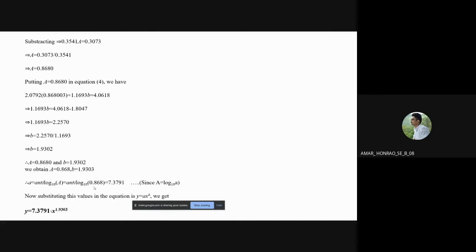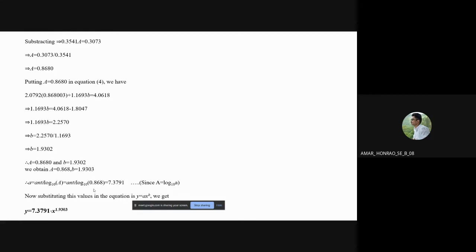Next slide. By subtracting both equations, we get 0.35A equals 0.30. By simplifying, we get the value of A, that is 0.8680. By putting this value in equation 4, we get 2.0792 into 0.86 plus 1.1693b equals 4.0618. By simplifying, we finally get b equals 1.9302.